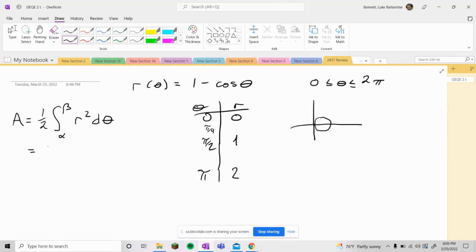So then this is 1/2, and I think it's 0 to 2 pi though, because it's enclosed by this whole thing. I'm afraid to go over too many times, but I think this is okay. And then 1 minus cosine theta d theta. So we can just integrate directly.